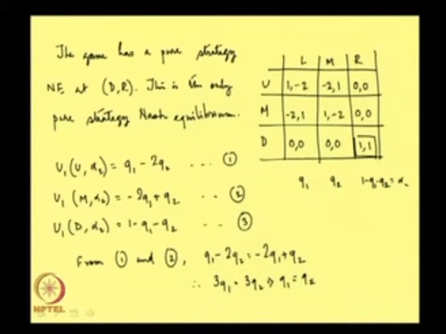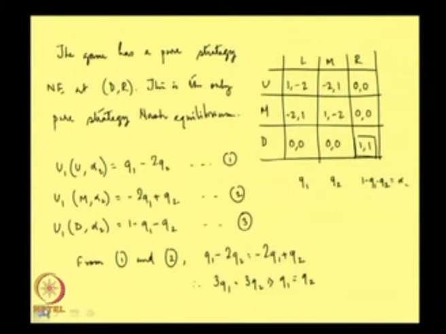Now from 2 and 3, what do I get? Mind you, here we are assuming that player 1 is playing U, M and D with positive probabilities.